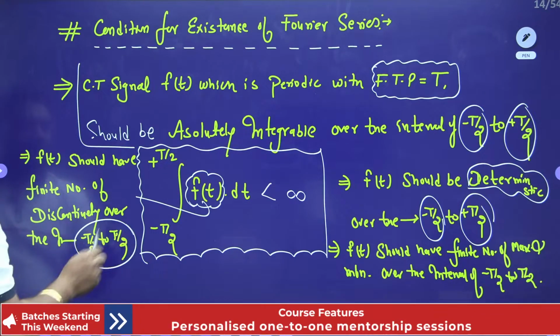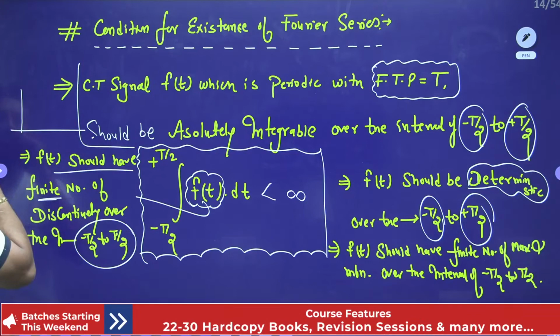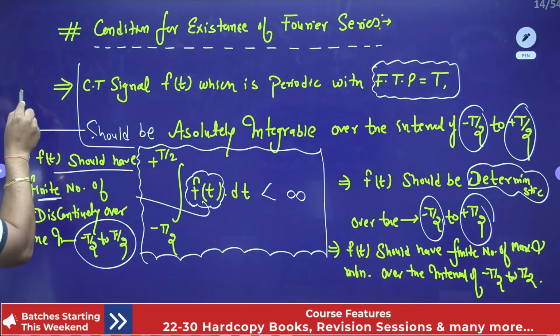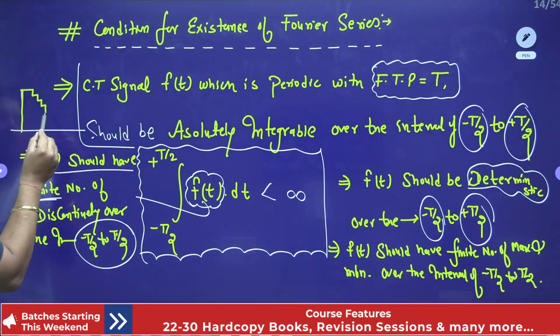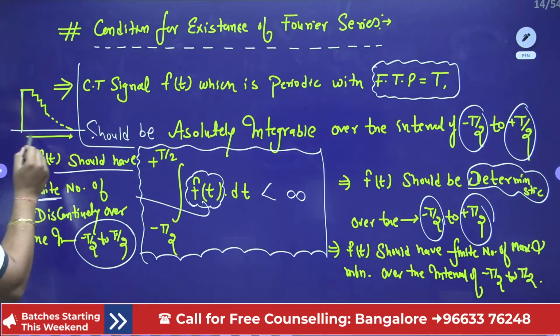What is discontinuity? Suppose the signal is like this, here we have the first discontinuity, second, third, fourth. These discontinuities should be finite. It should not be infinite over the fundamental time period capital T.